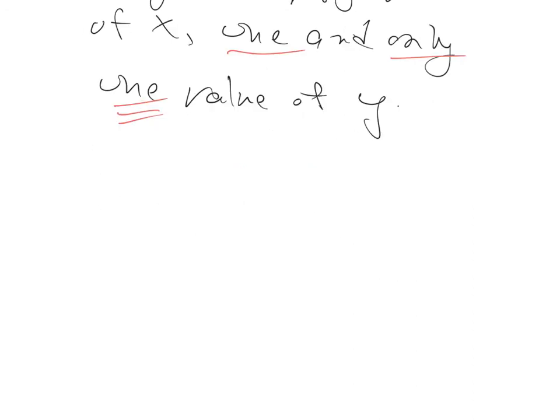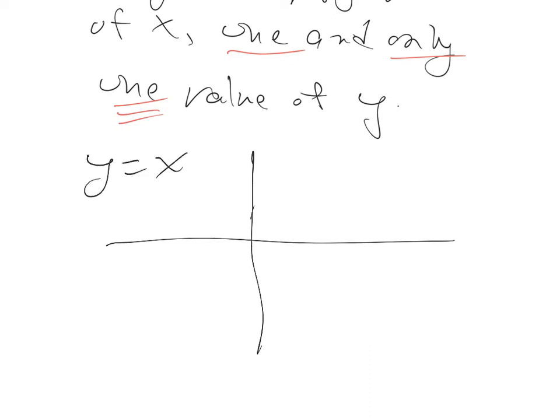The Cartesian coordinate plane now allows us to identify very easily when an expression is a function graphically. For example, the equation y equals x is the equation of a line.